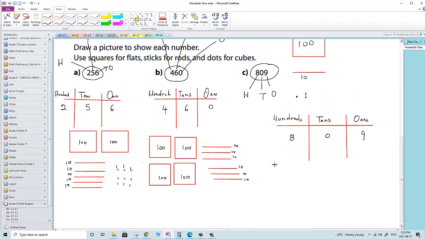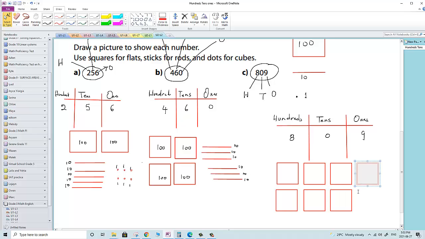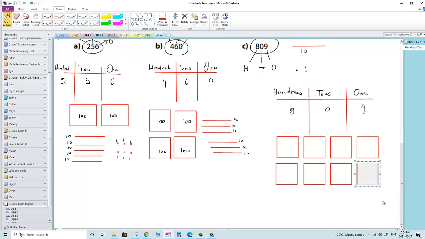So that means what? Wow, too many squares. I need 8 of these squares. So I'm going to copy and paste: 1, 2, 3, 4, 5, 6, 7, and 8. I need 8 hundreds. No sticks because no tens, but I need dots.